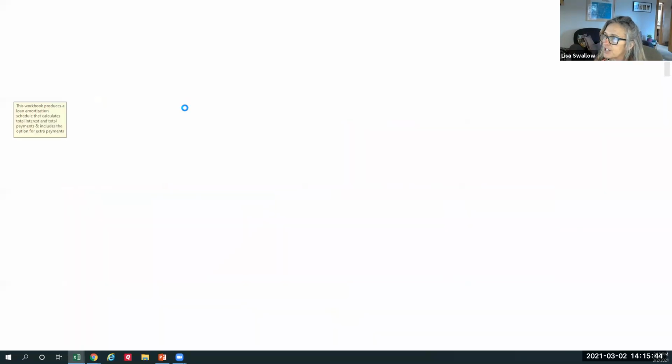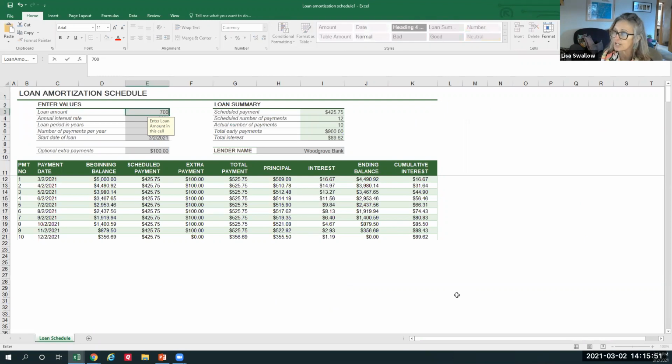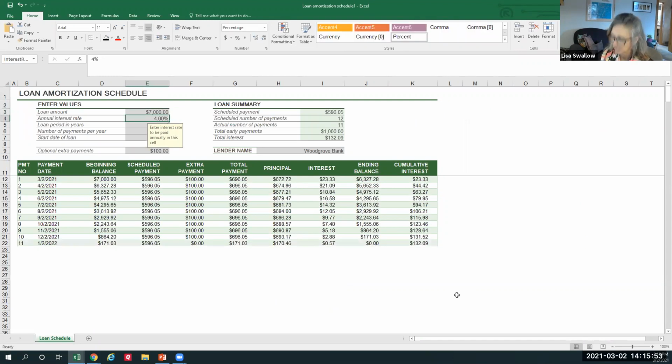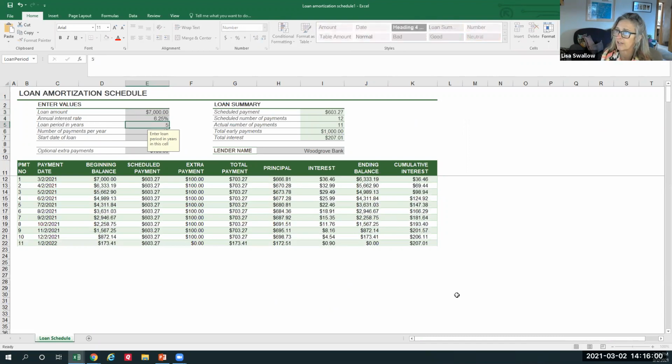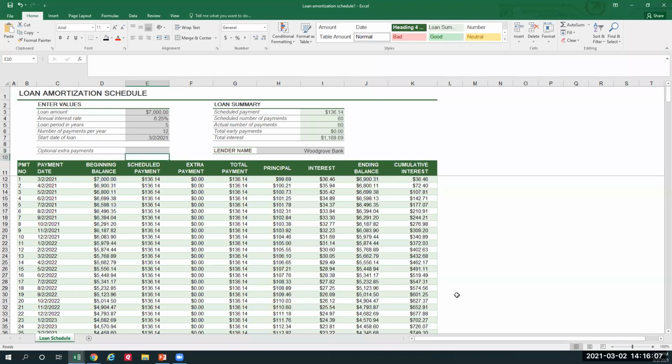And loan amortization schedule. Voila. And if I put in the same data here, the 7,000 and the 6.25, and the loan period in years is 5, and I'm paying 12 times, and I don't have an optional extra payment. Look, the payments are $136.14, and the total interest over the life of the loan is $1168.69, etc., etc.